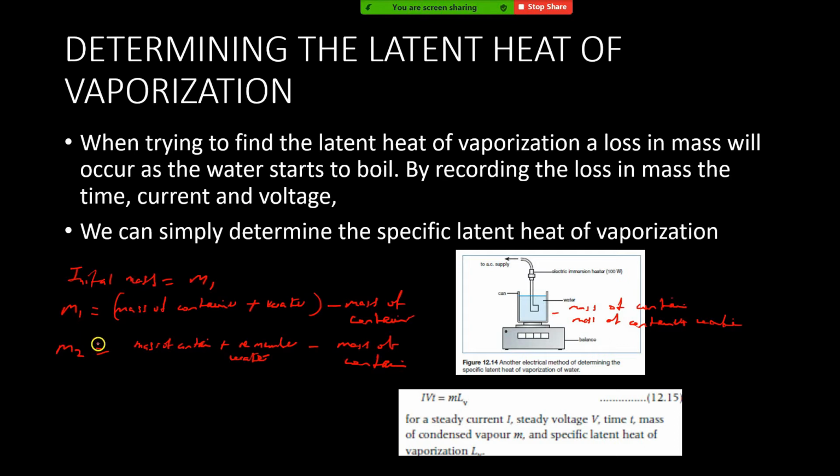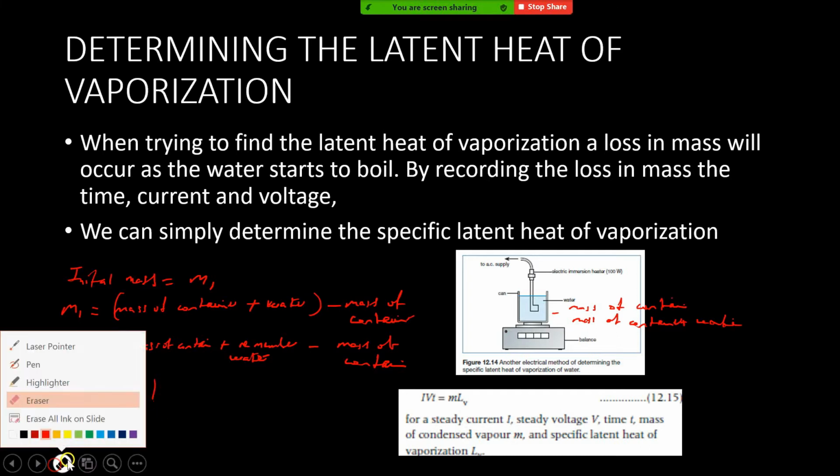So at the end of the day, this is what you would have. We know that the energy required to change the state of a liquid to gas is given by this equation: the mass of the liquid times the latent heat of vaporization.